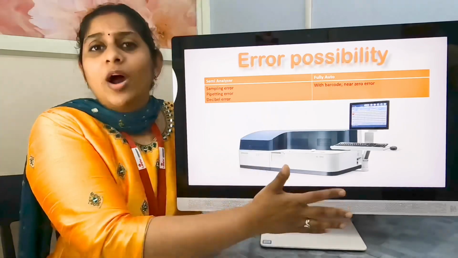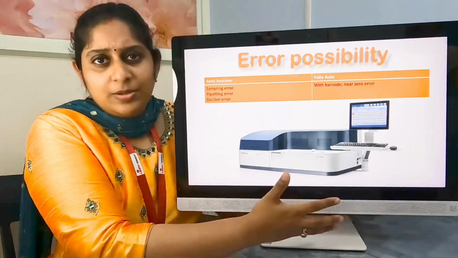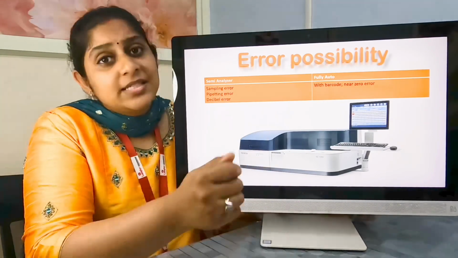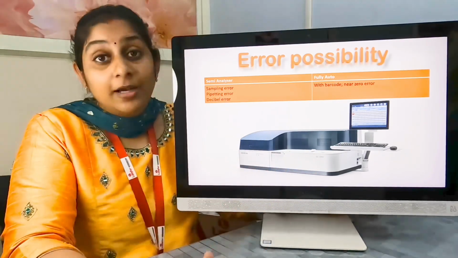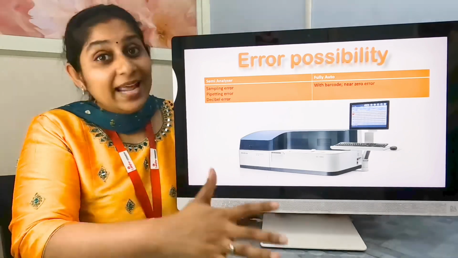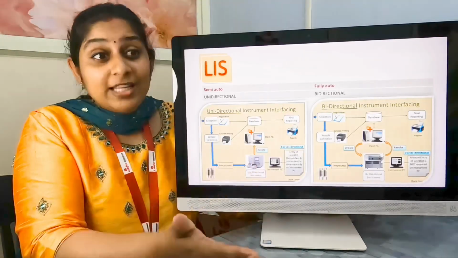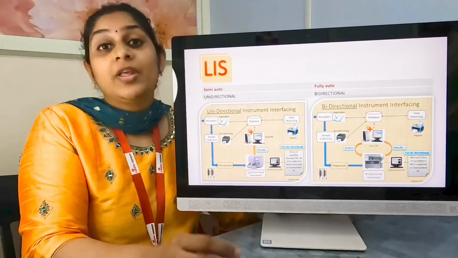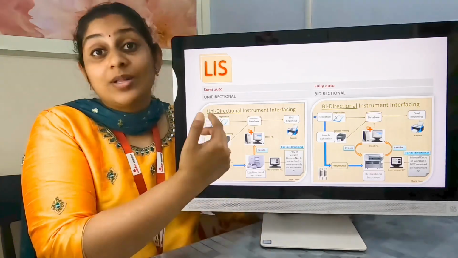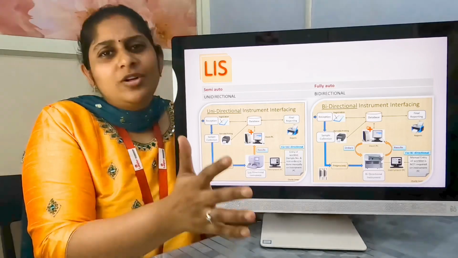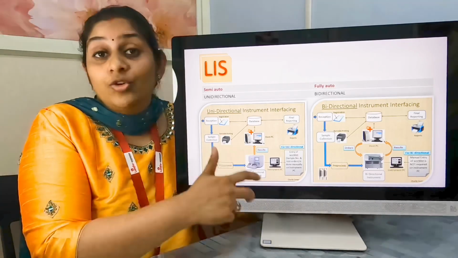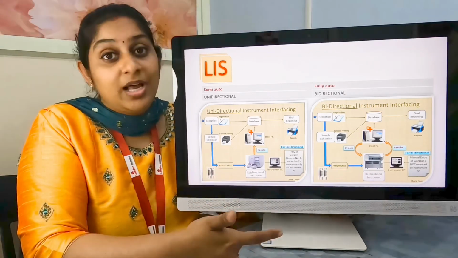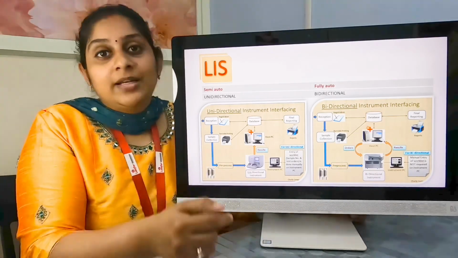All these are avoided in a fully automated biochemistry machine, because the technician's job is only to load the samples and the reagents, everything is done by the machine, and you get the report directly into the LIS system. When I speak about the LIS system, you have two types: one is unidirectional, another is bidirectional. Most semi-automated machines are unidirectional, in which one way can be automated, while the other way the technician has to manually incorporate his findings.